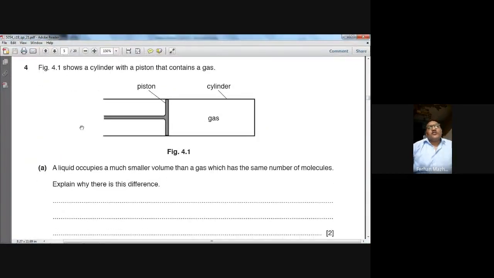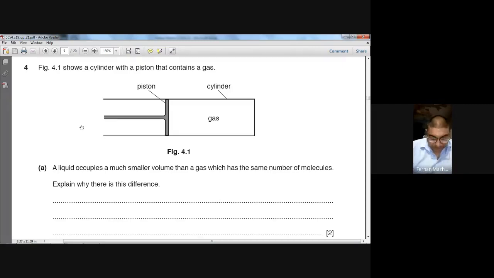The next question on your screen, question number 4, figure 4.1 shows a cylinder with a piston that contains a gas. A liquid occupies a much smaller volume than a gas, which has the same number of molecules. Explain why there is this difference. If the gas and the liquid both have the same number of molecules, the liquid will occupy less volume.